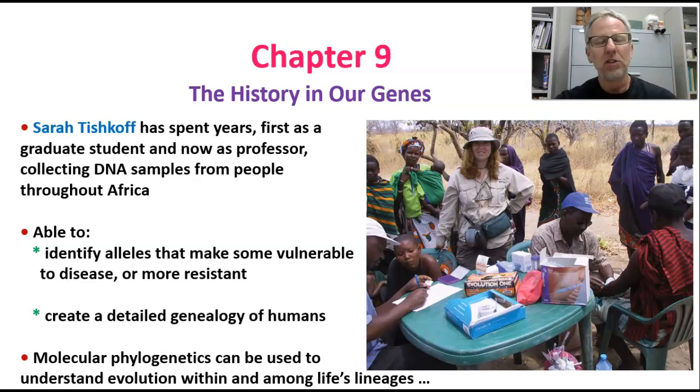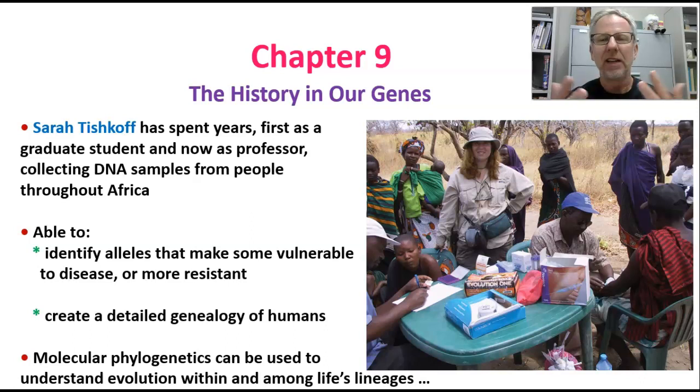So the chapter opens with this story about Sarah Tishkoff, who has spent many years, first as a graduate student, now as a professor, collecting DNA samples from people throughout Africa. And at this point, she's collected thousands of samples.